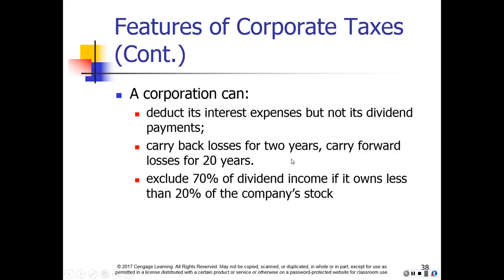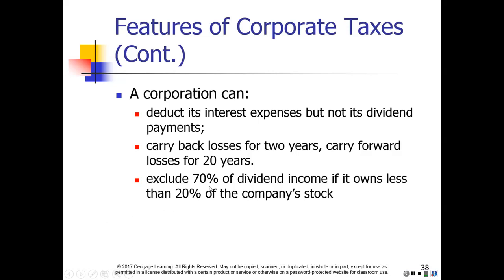So in our case, Computron had made a big loss in 2016, but it was able to recover all of that because it had paid positive taxes in 2015 and 2014, presumably. So it could say that it got a tax refund that year. But if it hadn't made profits in the past 2 years, it can actually deduct that over the next 20 years of profits.